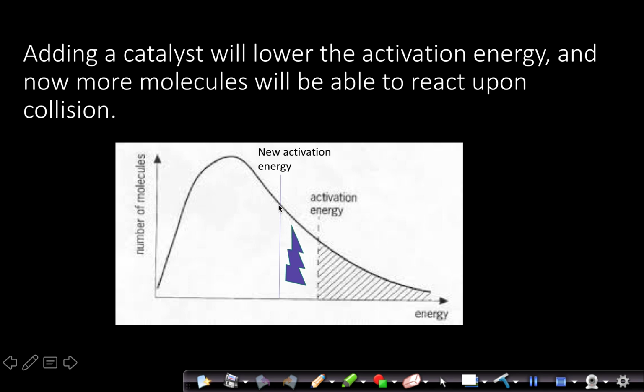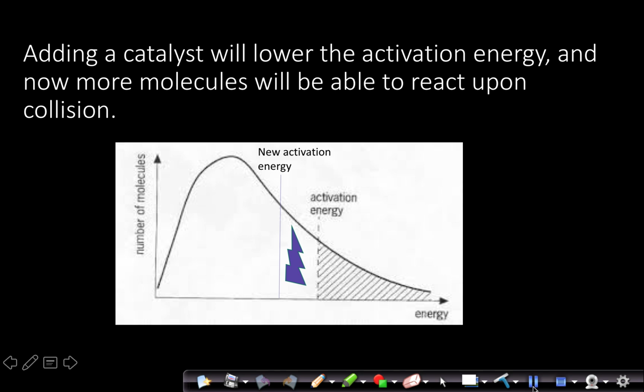These molecules, which now have at least this much kinetic energy, will possess enough energy to meet that activation energy barrier, so that when they collide, that collision, if it has the right orientation, can lead to a reaction. It can be a successful collision that will lead to the particles reacting with each other. So adding a catalyst moves this activation energy line to a lower amount of energy, including more molecules that have enough energy to react.